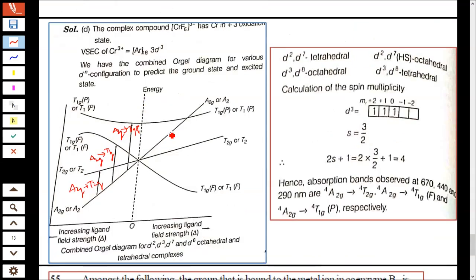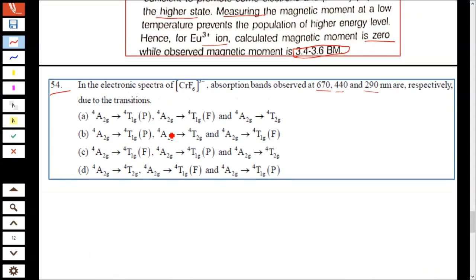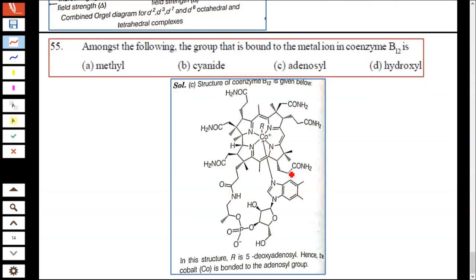So the answer is the corresponding option.